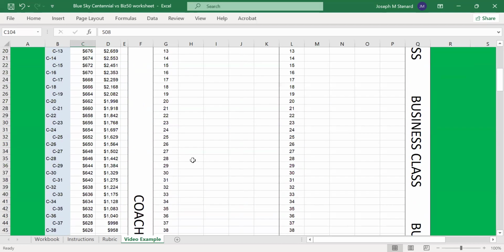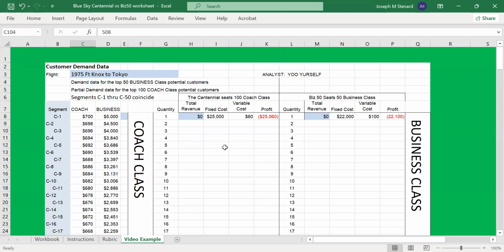And over here, we have some ideas about the fixed cost on the Centennial, which seats 100 coach class, and $22,000 in fixed cost for the Biz 50, which seats 50 business class. So the fixed costs related to these airplanes are different in different scenarios.